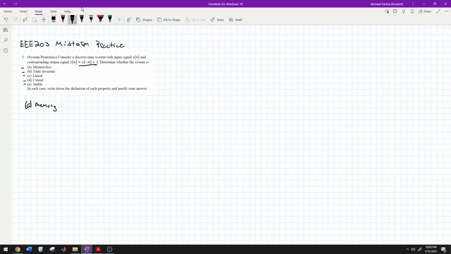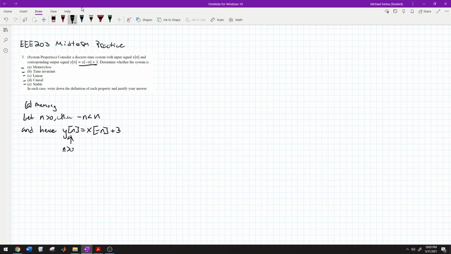Let's just let n be greater than 0. Then negative n will be less than n, and hence y of n, and remember we said this n is greater than 0, equals x of negative n plus 3.